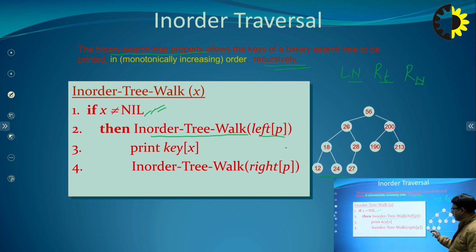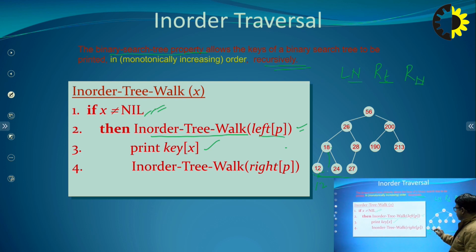x is nil now, that is, beyond this there is no subtree or further leaf nodes present. In that case, the in-order tree walk keeps walking till it reaches the last leaf node or terminal node, and then it prints that value. So here 12 gets printed, and again it walks to the right, in-order tree walk to the right, and it is printed.